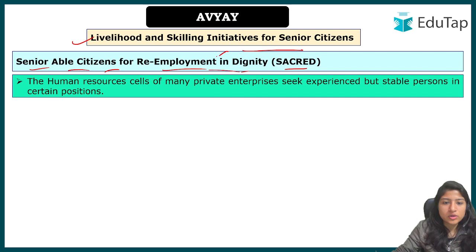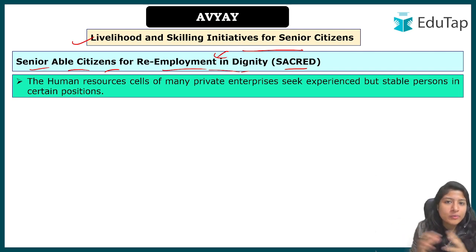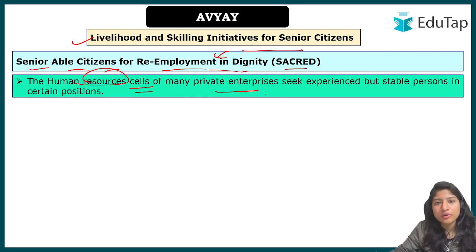There will be a portal formed, in which the senior citizen can add their resume, their work experience, their skills, everything they have done and everything they can do. And then the human resource departments or cells of various private enterprises can go through it and look at whether that particular resume suits what the company demands, right? So this can be done.